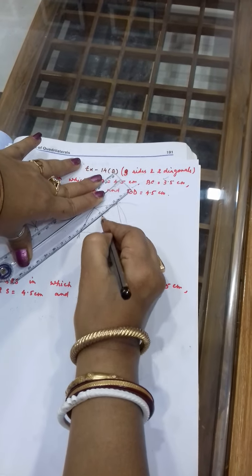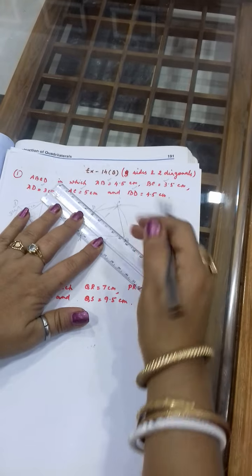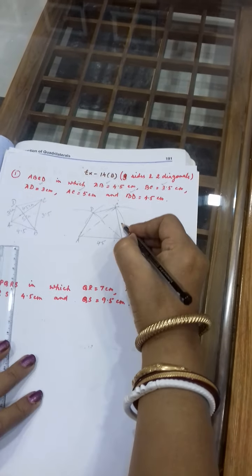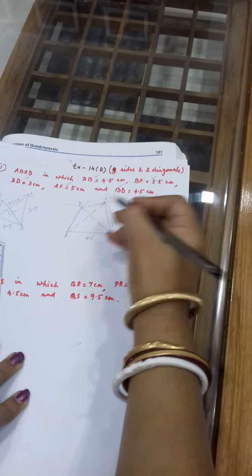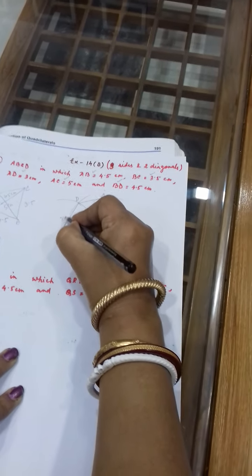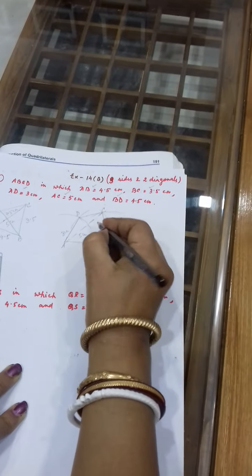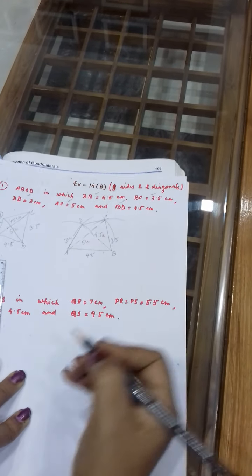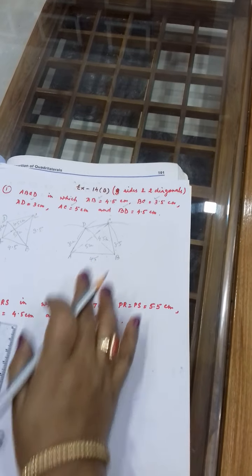These 2 diagonals you join as dotted lines. After that you write down all the measurements. BC is 3.5, AD is 3 centimeter, AC is 5 centimeter and BD is 4.5 centimeter. Clear? So have you seen the quadrilateral has been constructed?